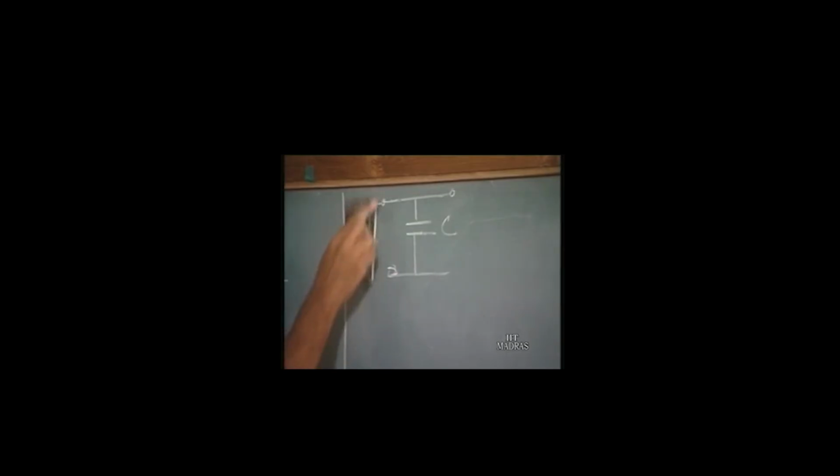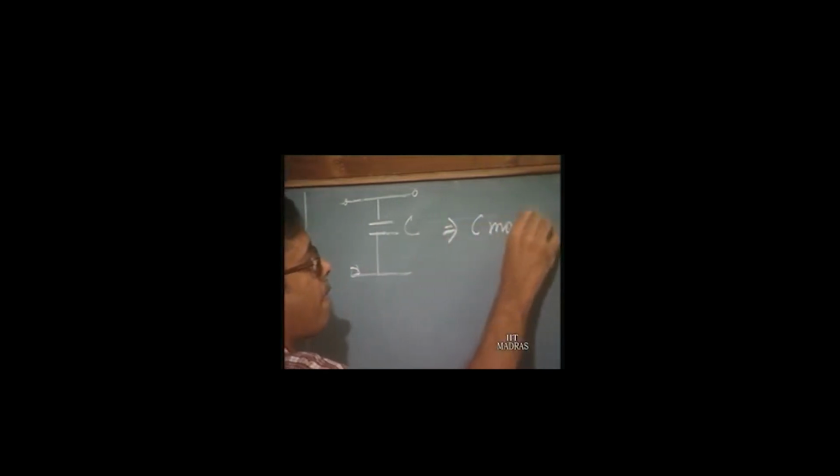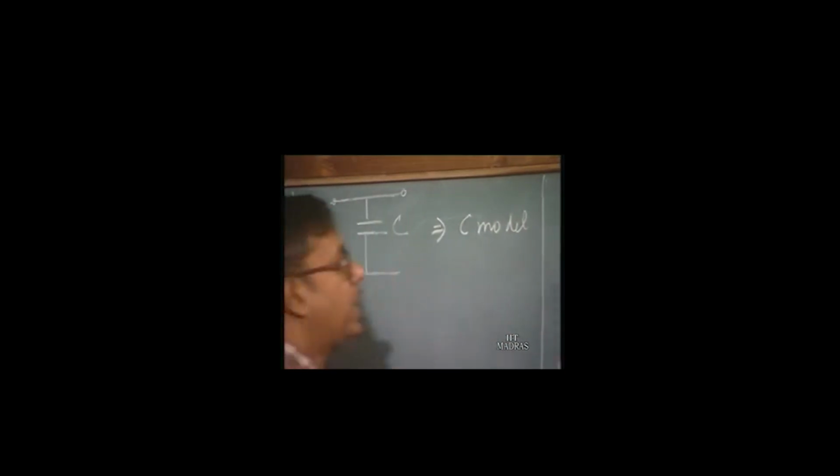Now if you have just this model, which is called the C model, and you consider an open circuited line at the load end, then we know that the output voltage is V naught times 1 minus e to the power minus t by Rs C prime, where C prime is the total capacitance of the line.